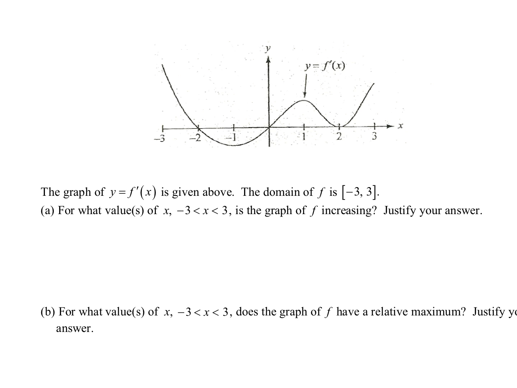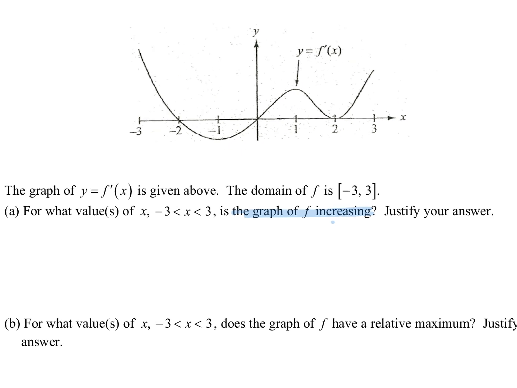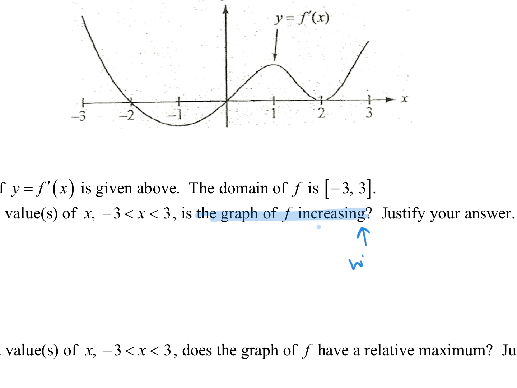First one being, on this graph, where is the function f of x increasing? So when is f increasing? If I want to know when f is increasing, but I'm given the derivative function, what am I looking at? When it's above 0, right? This is when the first derivative is greater than 0. Well, it's greater than 0 everywhere above the x-axis, right? So go ahead and write your intervals for that.